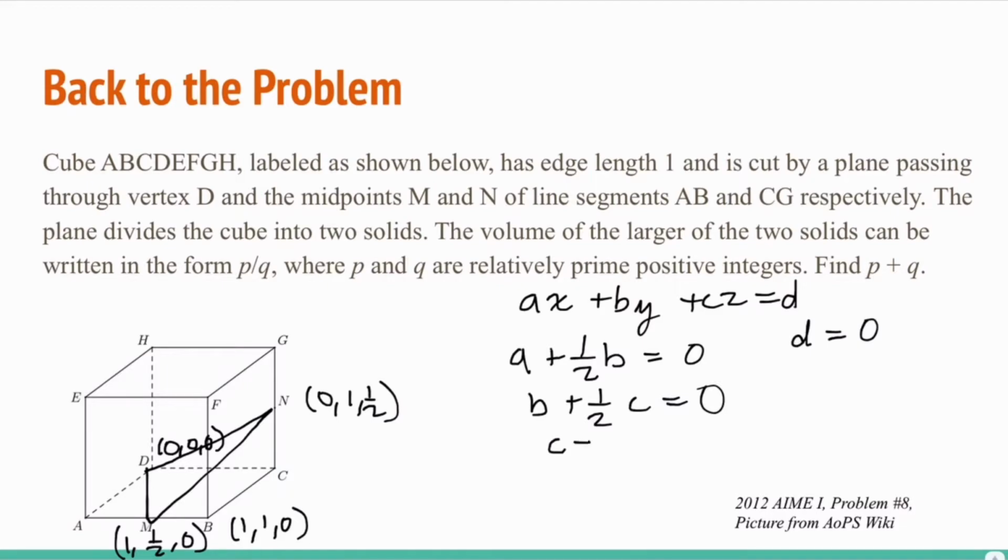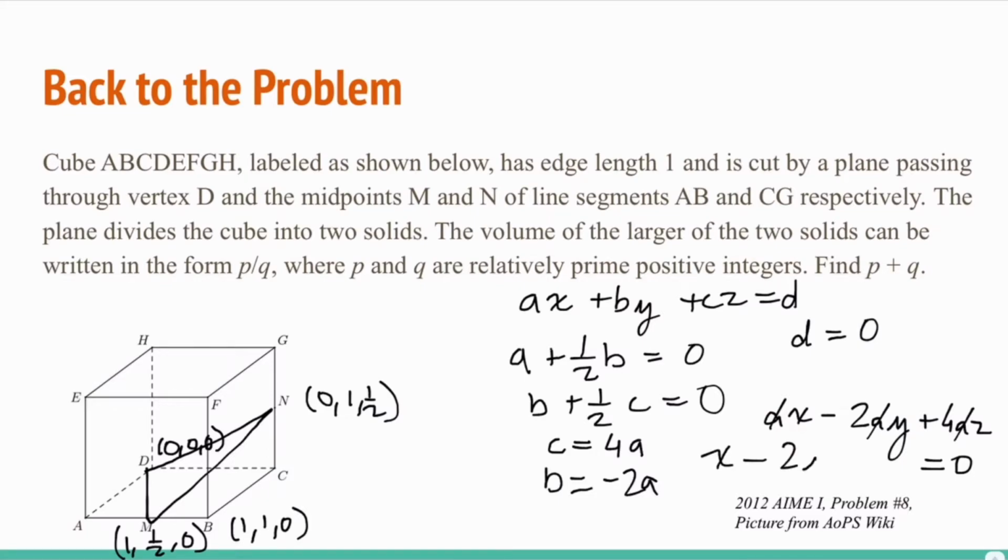So we get that c is equal to 4a, and b is equal to negative 2a. Plugging these back into the equation for the plane, we get that ax minus 2ay plus 4az is equal to 0. And canceling the a, we get that x minus 2y plus 4z equals 0.